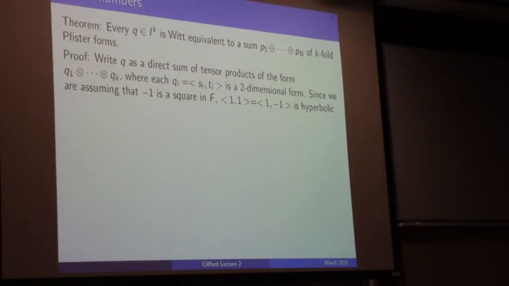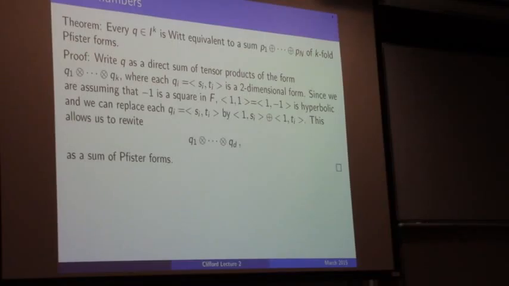So since we're assuming that -1 is a square, we can write each as a direct sum of two-dimensional forms that are Pfister forms. Right? Because <1, 1> is trivial, is hyperbolic. And so using this decomposition, we can rewrite this product as a sum of Pfister forms.